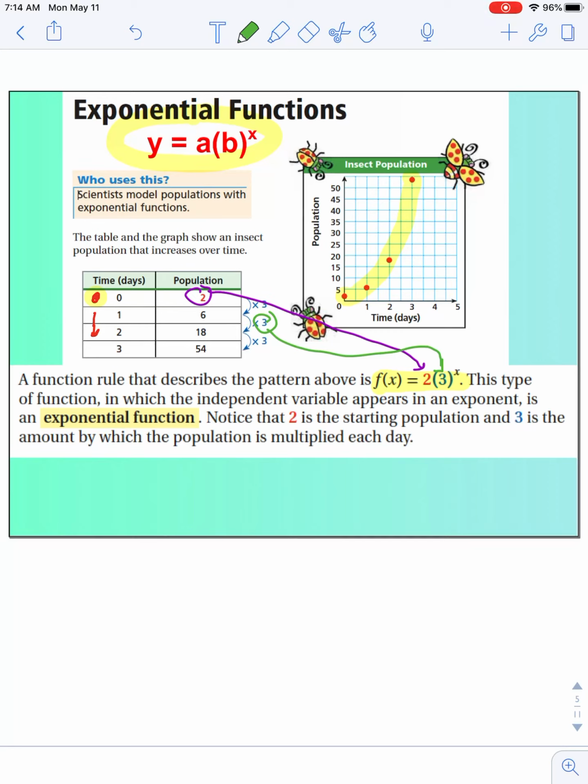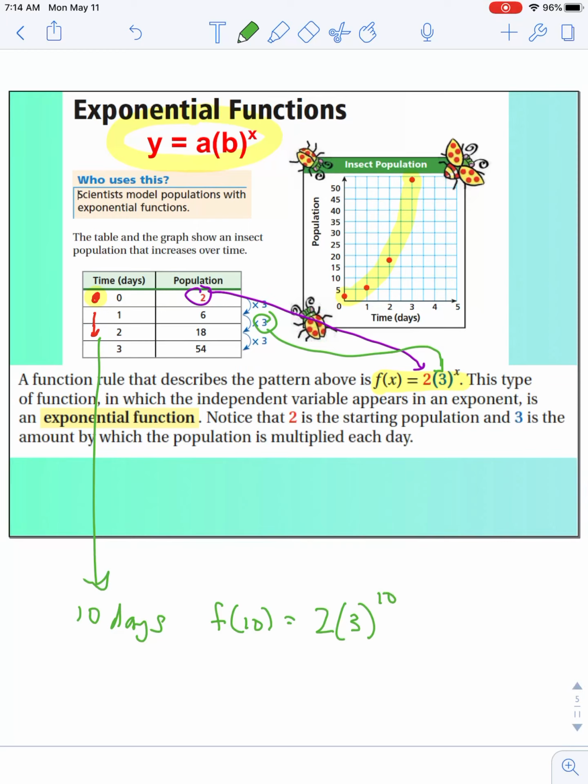So we could calculate, this is only after 3 days. If we actually wanted to calculate the insect population after 10 days, all we would have to do is take that original equation and substitute in a 10 for the x.